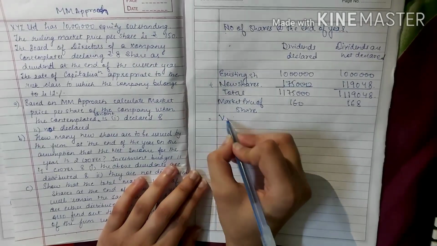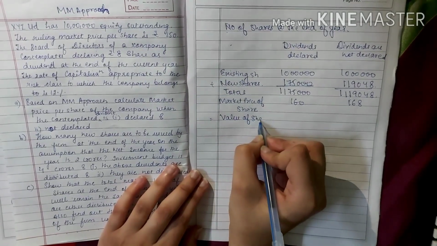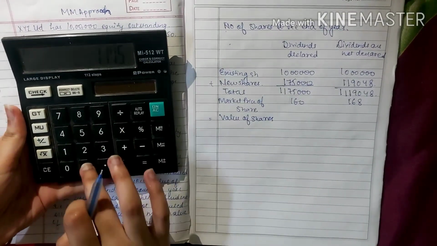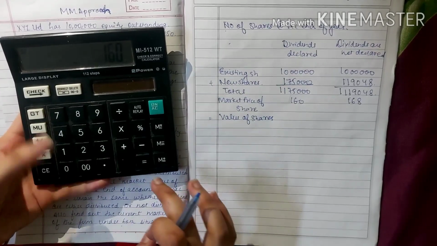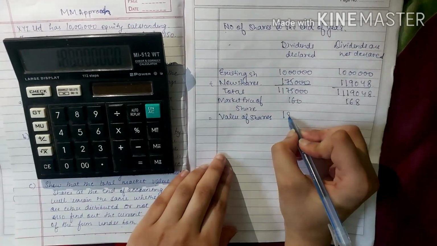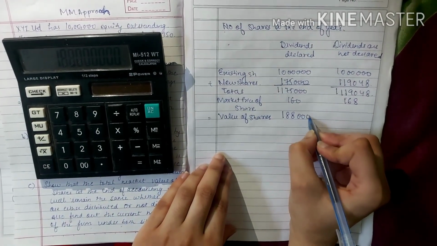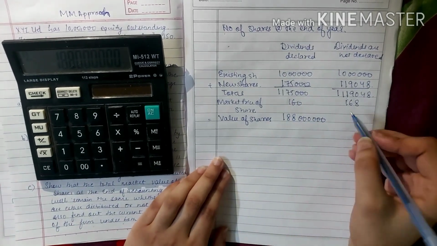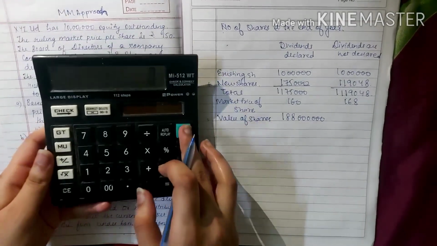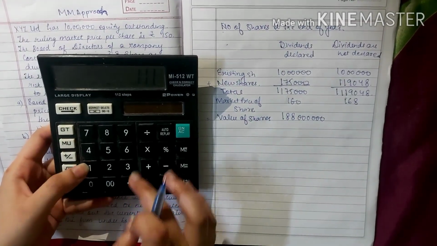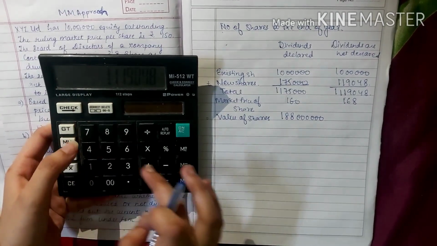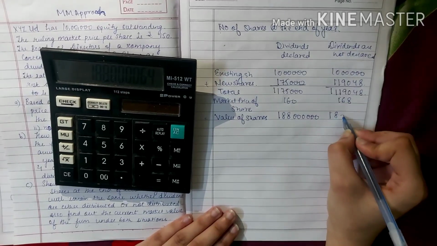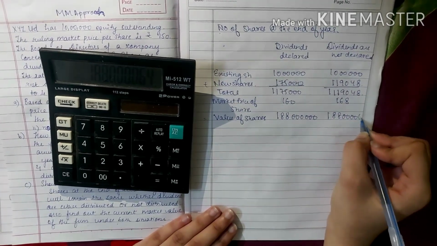So you will get the value of shares. 11,75,000 into 160 is 18 crore 80 lakh in the first case, and in the second case, 11,19,048 into 168 is about the same.